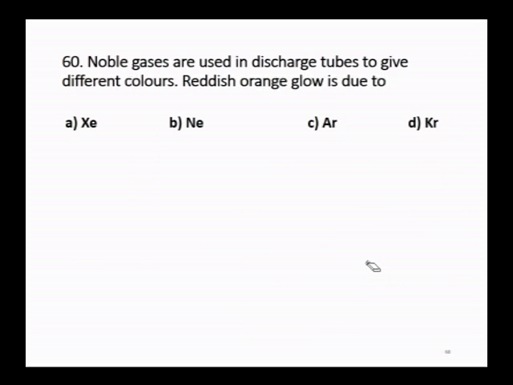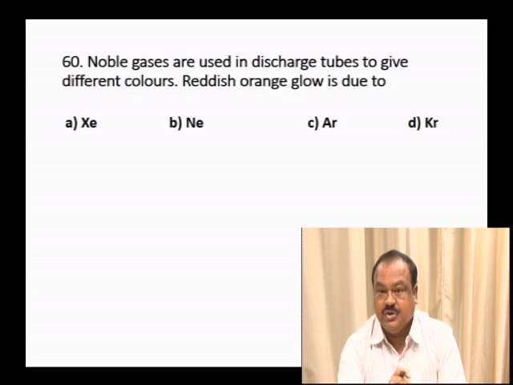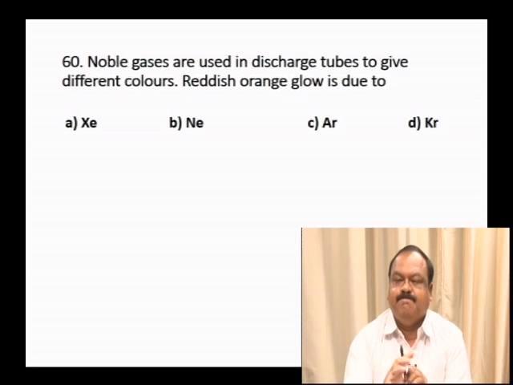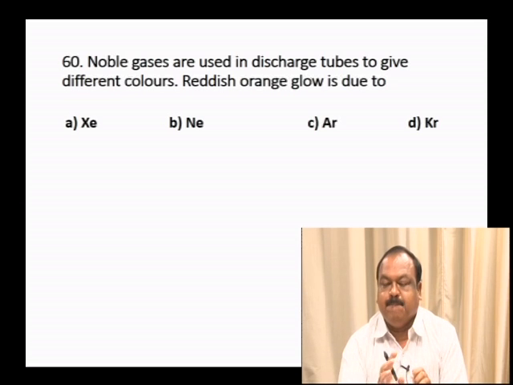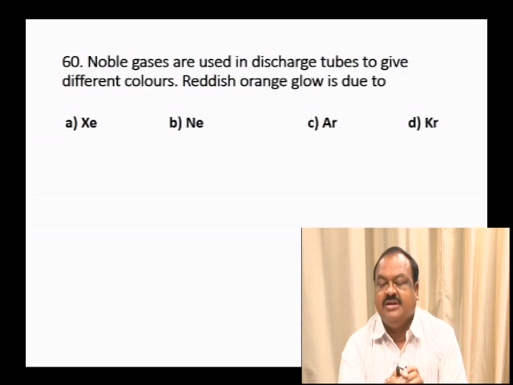Noble gases are used in discharge tubes, meaning when electricity passes through them, they produce different colors. Reddish orange glow is due to which gas? Noble gases have penetrating power, hence they are used in beacon lights at airports.